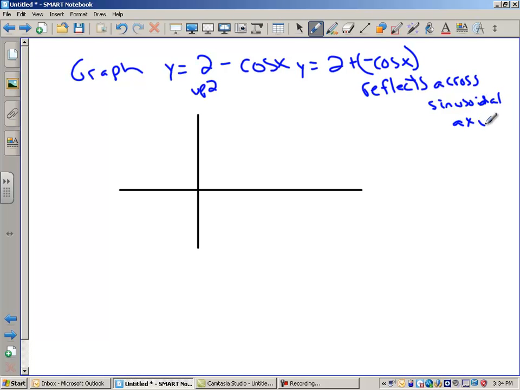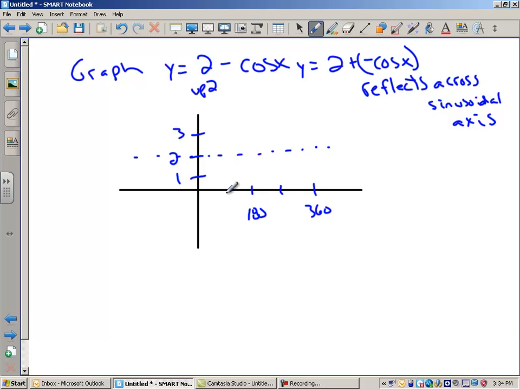Let's go ahead and graph this. Instead of the sinusoidal axis being along the x-axis, I'm going to go up here to 2, and I'll put little dots. And we have not affected the amplitude or the period. We did put a negative in front of the cosine x, but I didn't put a number there other than 1. So we're still going to be going up 1 and down 1 from there. I'm still going to have a period of 360 degrees.